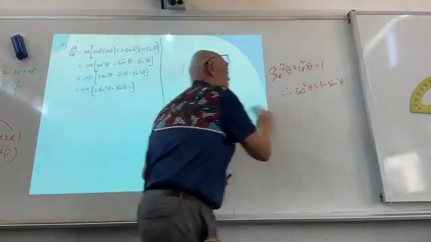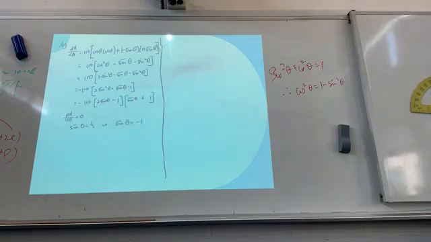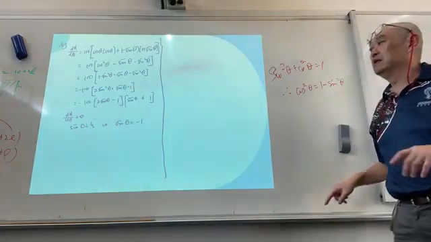Once you've done that, you should work out that dA over d theta equals 0 is a maximum. So sine theta equals half or sine theta equals minus 1. Now think about your unit circle.